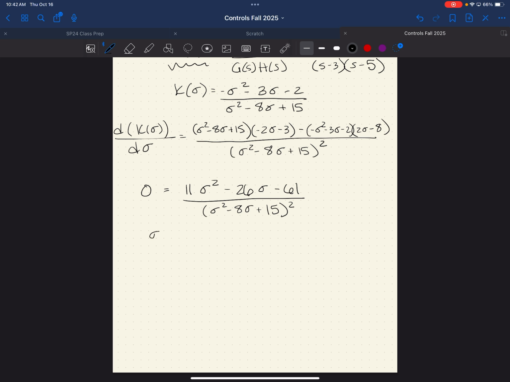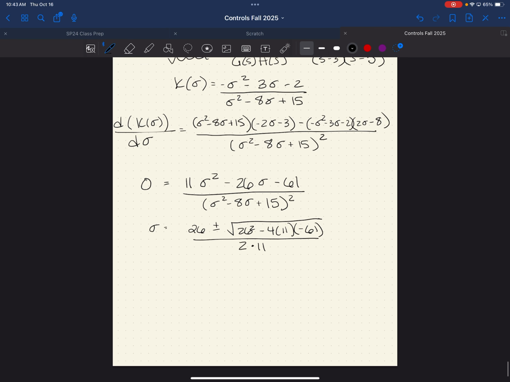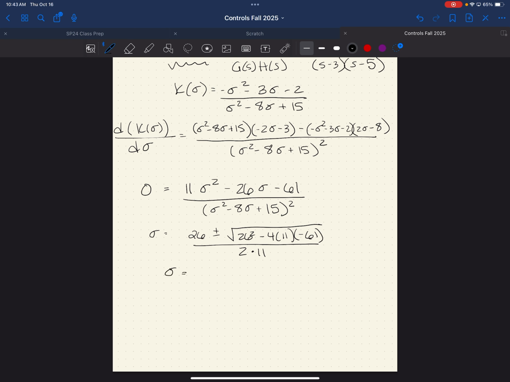So sigma equals 26 plus or minus square root of 26 squared minus 4 times 11. Of course, here I'm doing the quadratic equation. You'll end up with sigma equal to minus 1.45 and sigma equals 3.82.